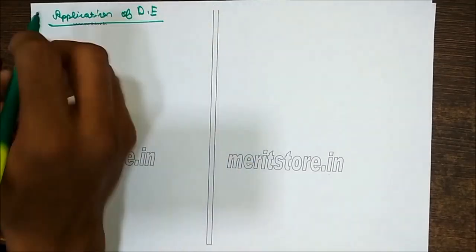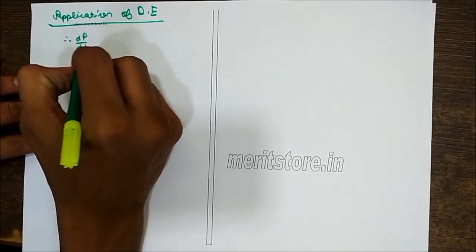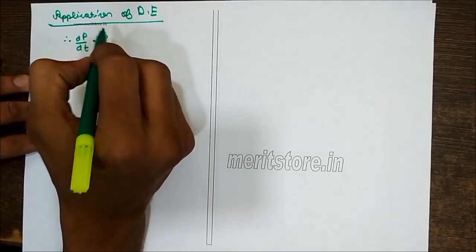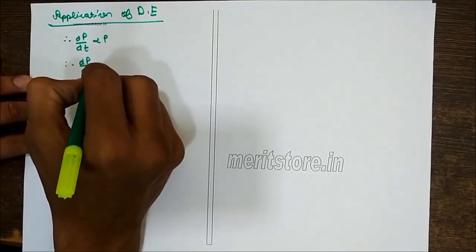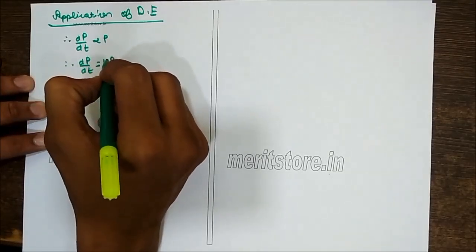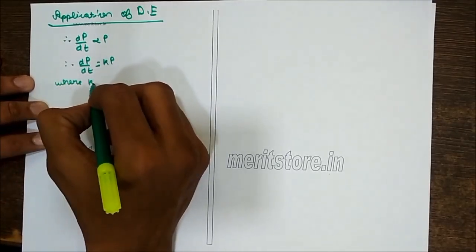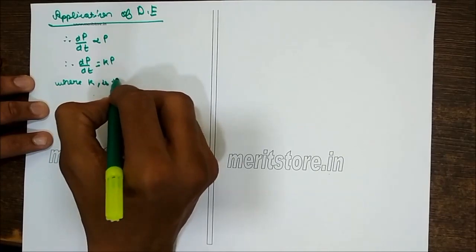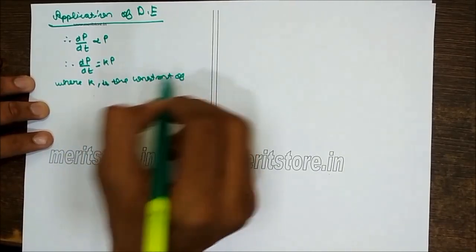So the given statement can be summarized as dP upon dt directly proportional to P. Therefore dP upon dt is equal to kP, where k is the constant of proportionality.